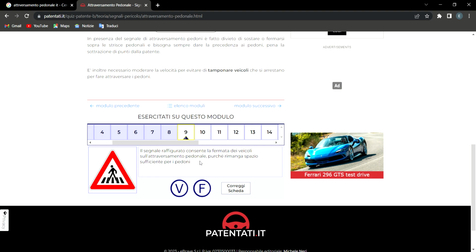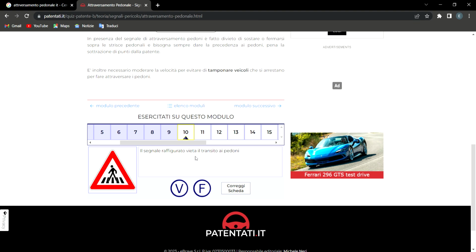The definition says that whenever you come across this sign, it does not permit stopping of vehicles, and at the same time it does not permit parking. So the answer to this one is false. Number 10 says: il segnale raffigurato vieta il transito pedoni, and it's false.